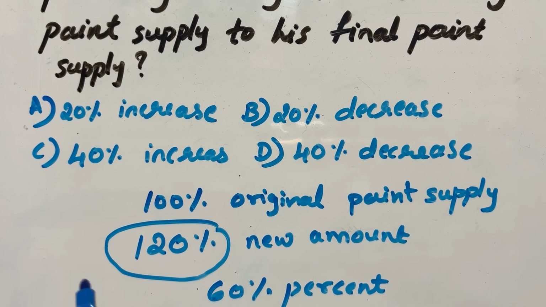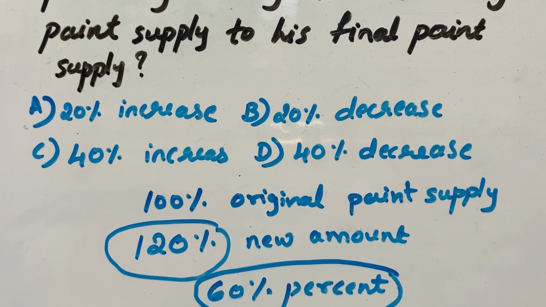Suppose original paint supply is 100% and he increases the original paint supply by 20%. So the new amount will be 120%. And he uses only 50% of the new amount, which means he uses only 60% of the amount. He uses only 60% of the paint supply.